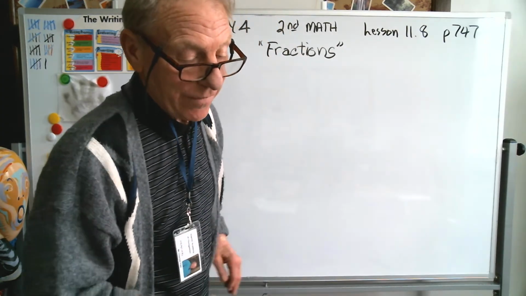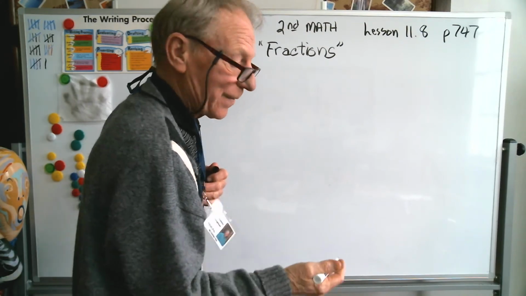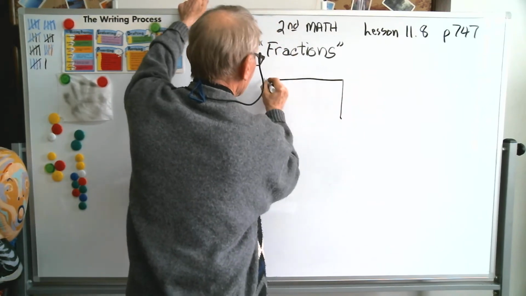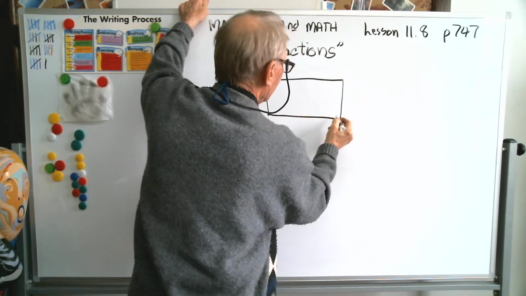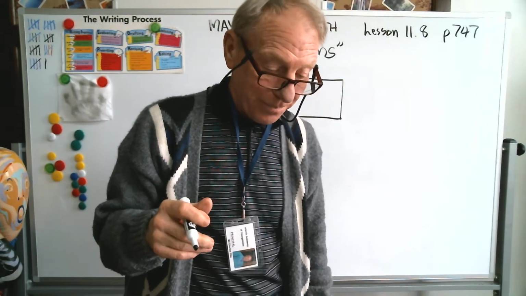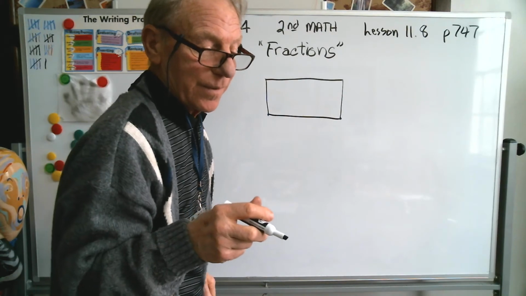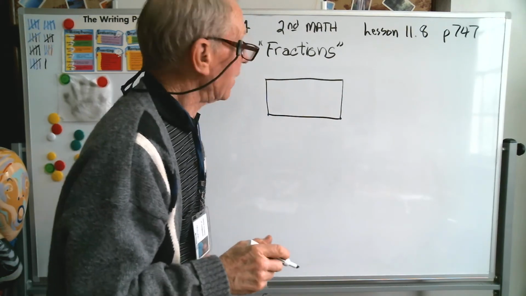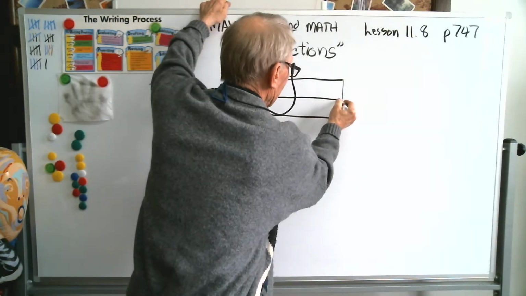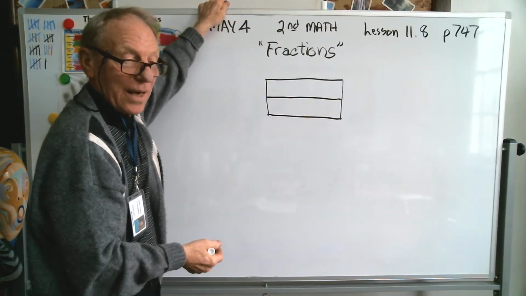And the first one they give you is a rectangle on the top of 748. We know a rectangle, it has 4 sides, and those sides are parallel. And it shows you how you can cut that into halves. And again, you can do it by just drawing a line through the middle of it.